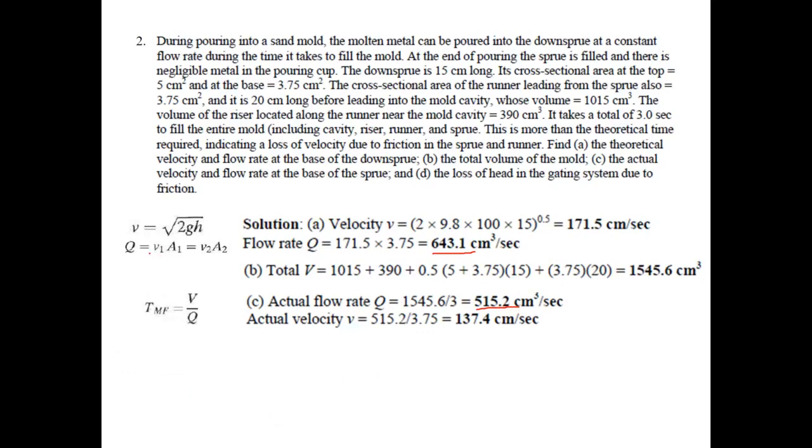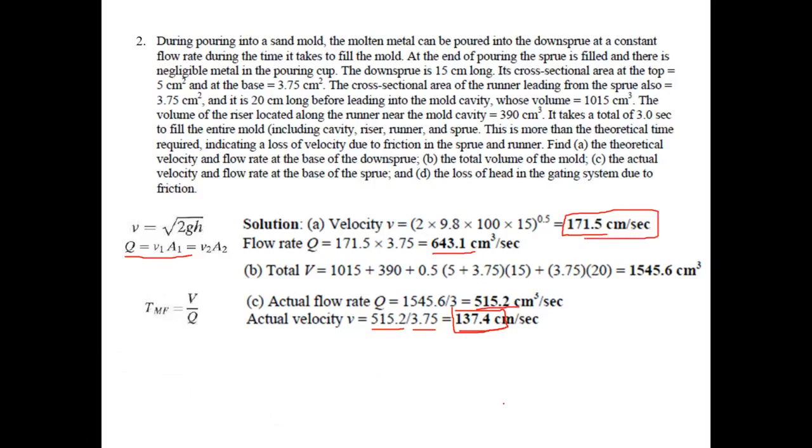Now, by making use of the equation that we have up here, we can also compute the actual value of velocity. Now we have the actual value of Q divided by cross-sectional area, which is giving us the actual value of velocity. Again, as we can see, the actual value of velocity is less than the theoretical value of the same parameter.